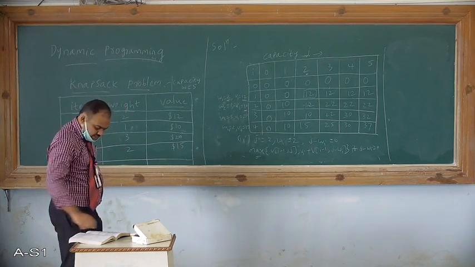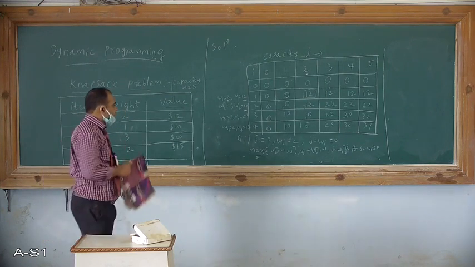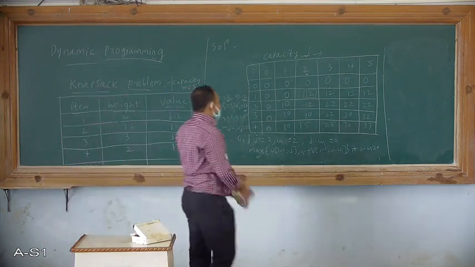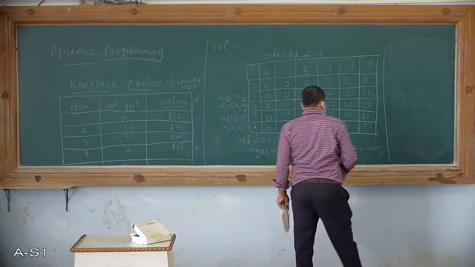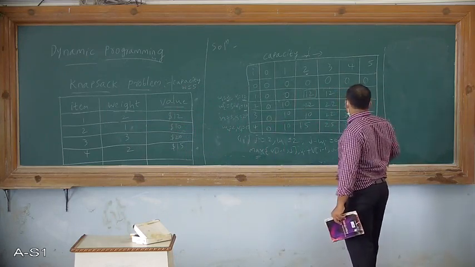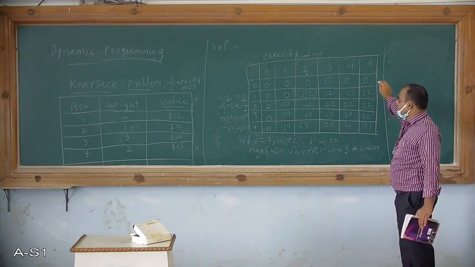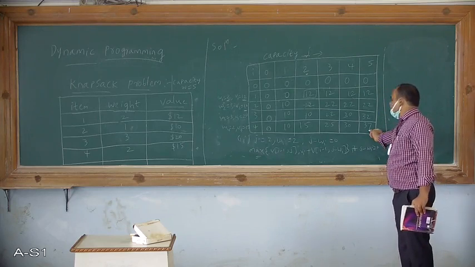Yes, we have done with this. So after constructing the table, again we need to check which is the maximum value in the table. So which is maximum here? 37. If you look into the table, the maximum value comes as 37.